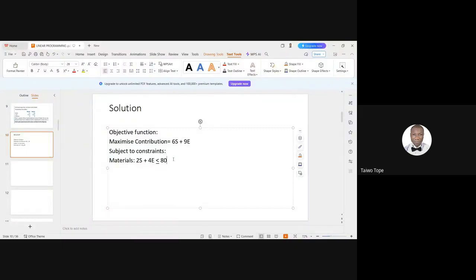For material it is 80 because you cannot have material above 80 kg.